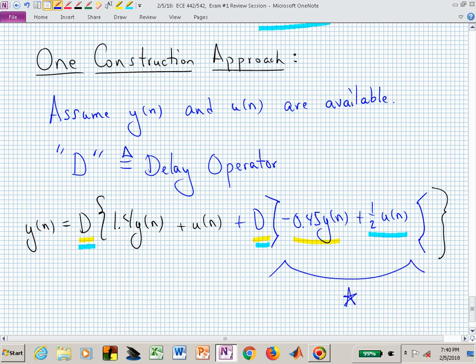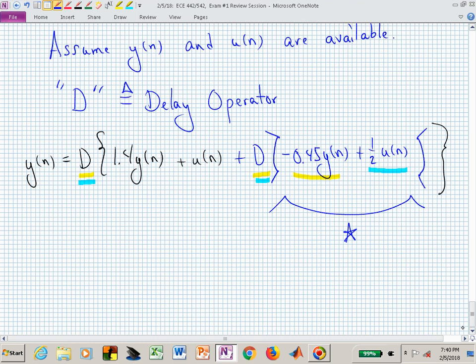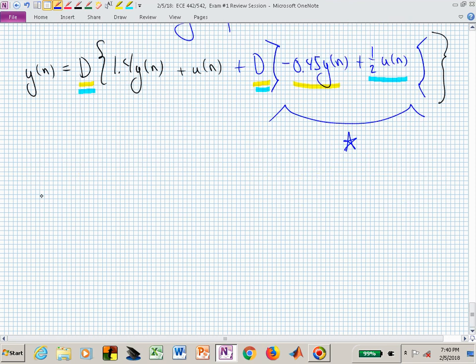Let me generate star. So star is going to be coming out of a summing junction, because that's how I'm combining those. And I'm now saying that I have u of n coming in here, and maybe I have y of n coming in from over here. And I want to create star right there.